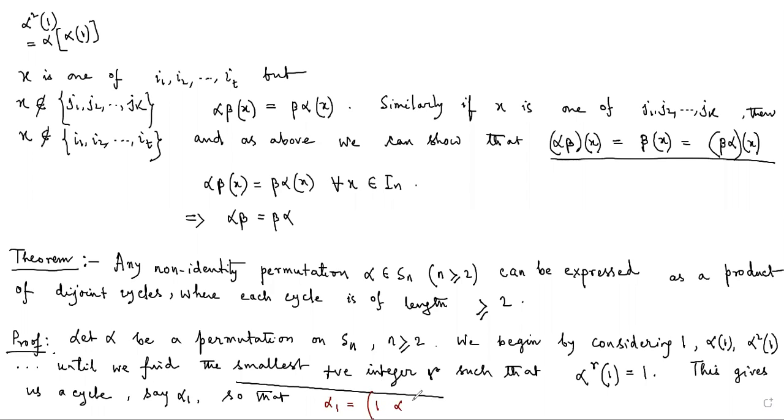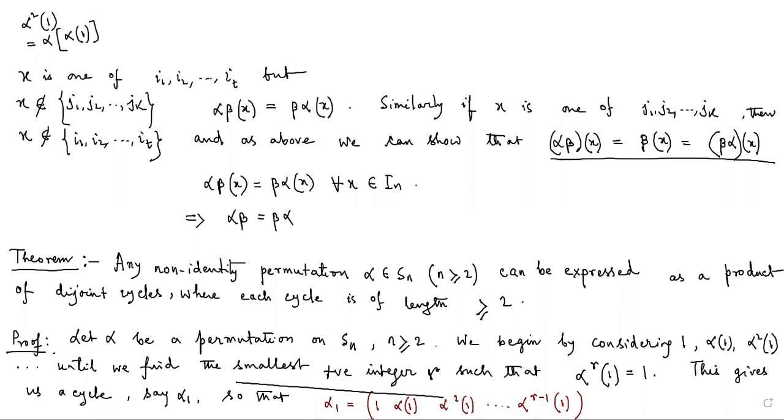In the cycle notation, we do not put a comma. We just keep a blank space in between. So 1 alpha 1, then alpha 2 1. In this manner, alpha r minus 1 1. We are naming this cycle as alpha 1. We are not considering alpha r because alpha r 1 is 1 itself.